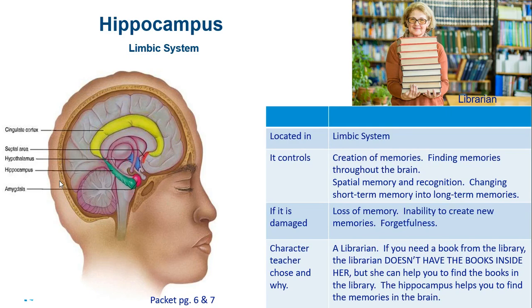And so she can take you to the part of the library where the book is. And sometimes you could just give her a topic and she knows how to find a book that can help you with that topic because she knows her way around that library. Just like the hippocampus.